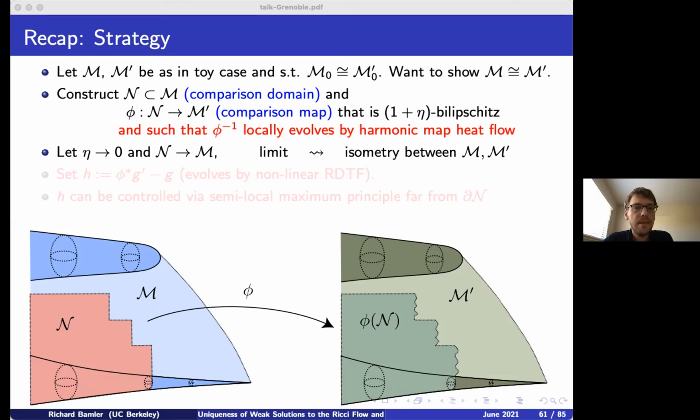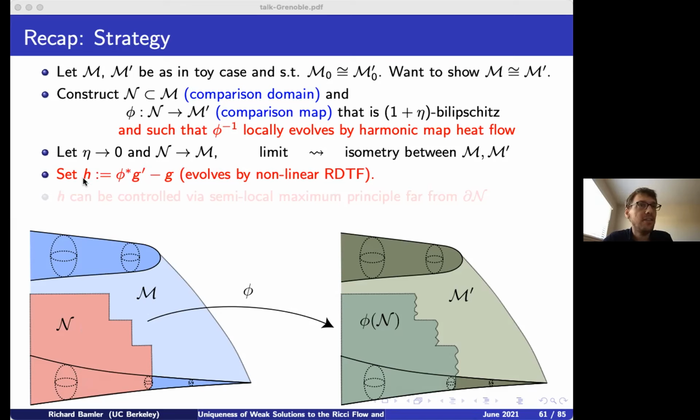Okay. And so maybe what we've learned from the previous few chapters is that a good way of controlling phi, or some of the closeness of M and M prime, is to look at this perturbation h. We're going to look at the pullback of g prime onto N, and we're going to take the difference with g.